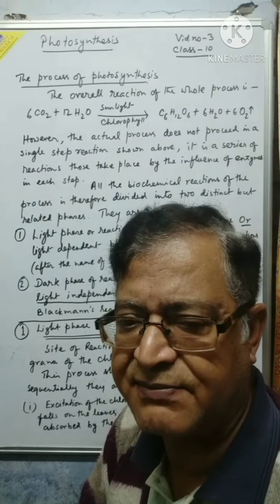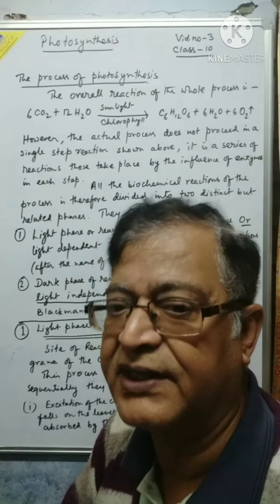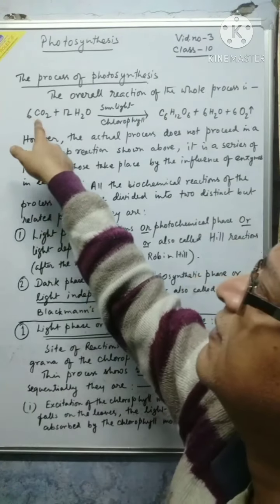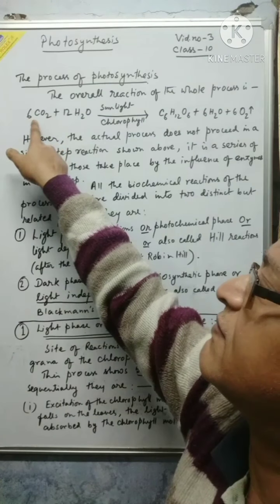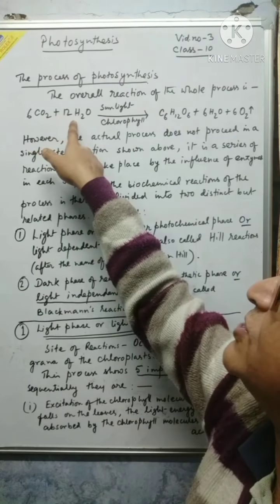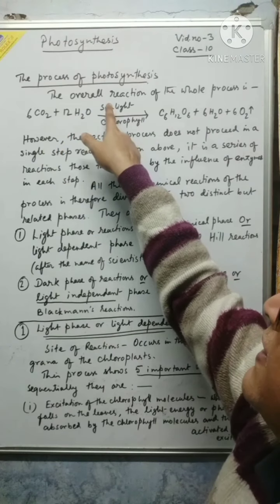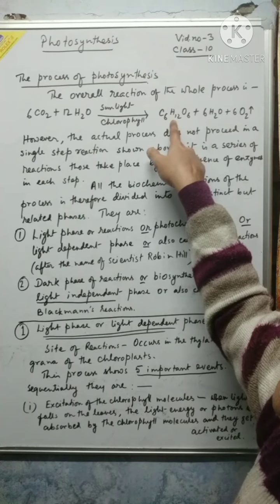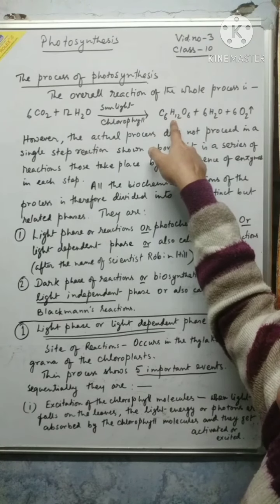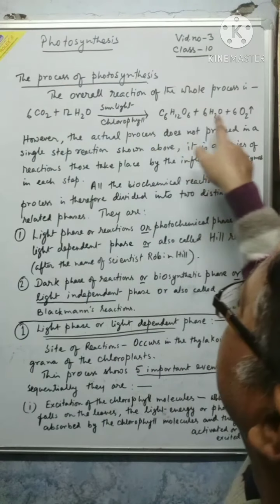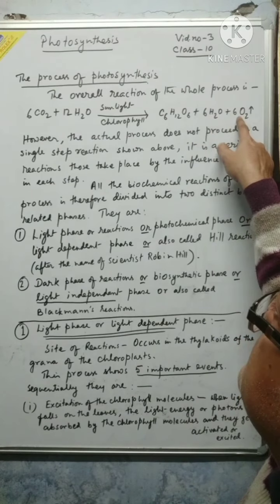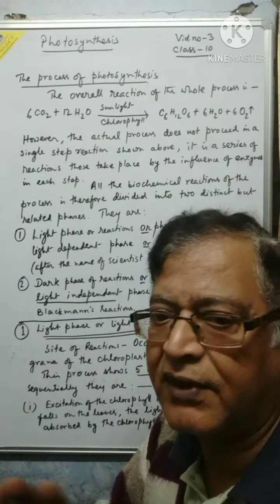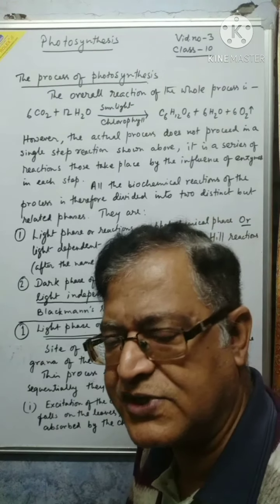And this, as a biochemical process, is also represented by a chemical formula as given there. 6 molecules of carbon dioxide, 6 CO2, 12 H2O, in presence of sunlight trapped by chlorophyll, produce 1 molecule of glucose, C6H12O6, 6 molecules of water and 6 molecules of oxygen gas which is liberated out. So this is the overall reaction of the process of photosynthesis.